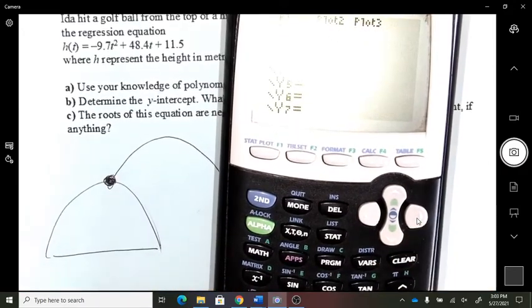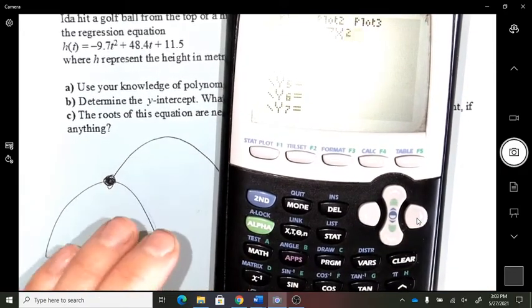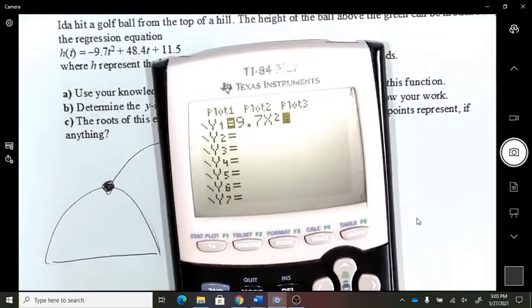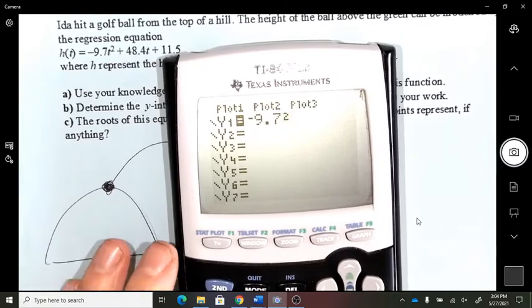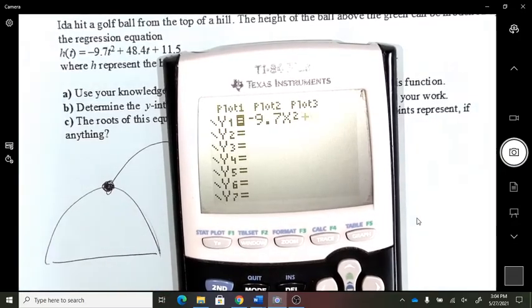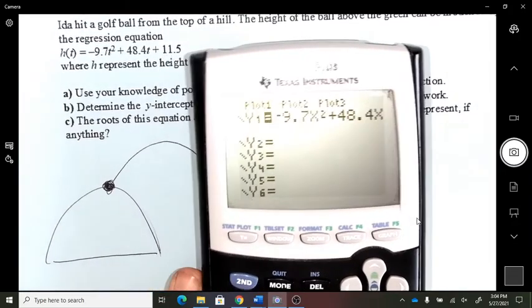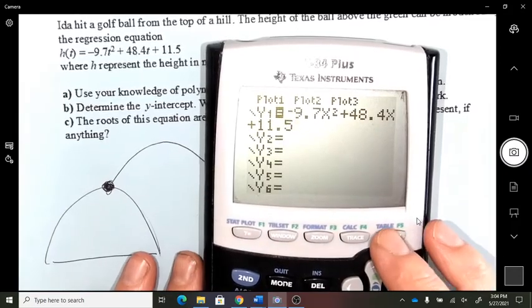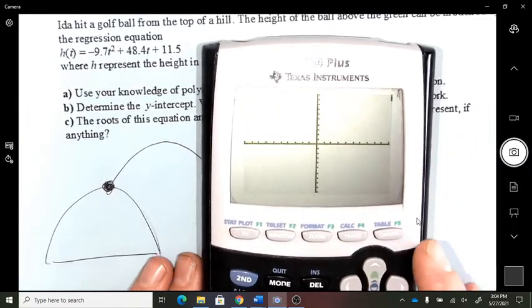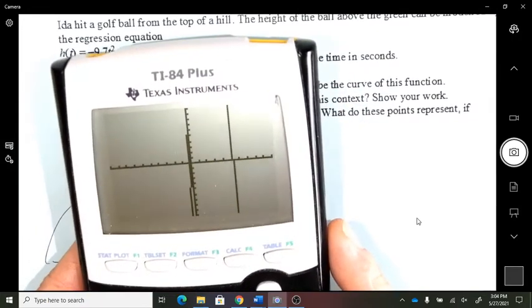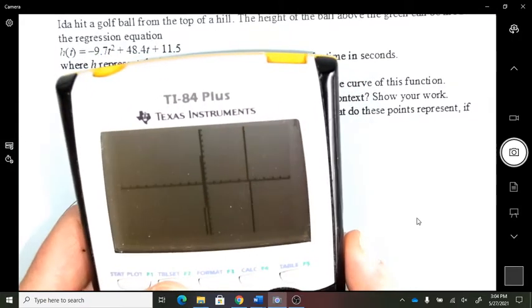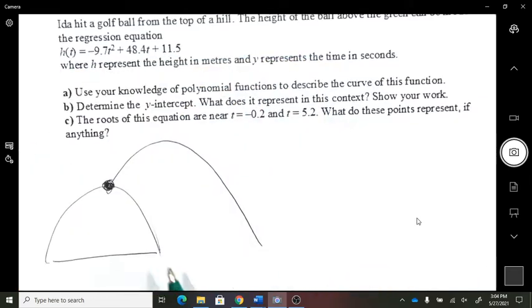So clear. Oh, negative 9.7. I'm going to zoom 6 it, by the way. Okay, we're going to need higher.